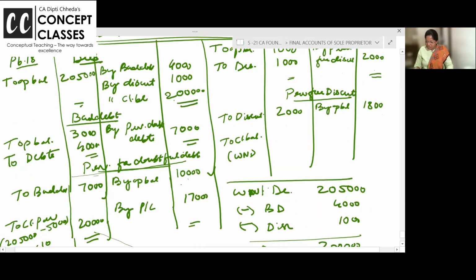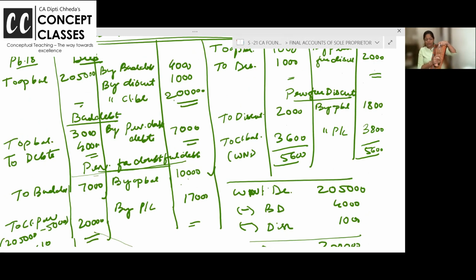And closing provision is required 3,600. 5,600 minus 1,800, how much is coming? 3,800. I'll make you write the journal entries also. First you check the ledgers, if there is any doubt, ask.